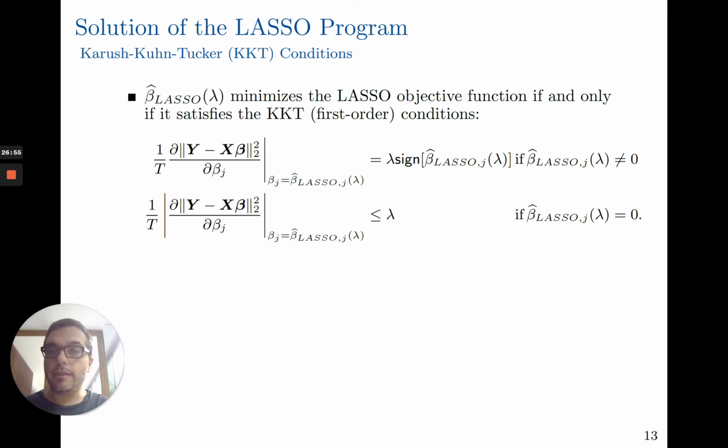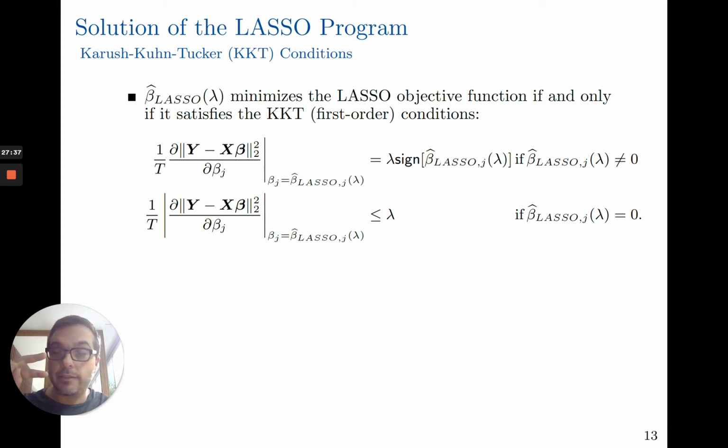On the left hand side we have the derivative of the sum of the squared errors, so the derivative of the L2 norm squared of y minus x beta, with respect to beta j, one specific coefficient, evaluated at the lasso estimate for this specific coefficient. And on the right hand side you have the subgradient of the absolute value function.